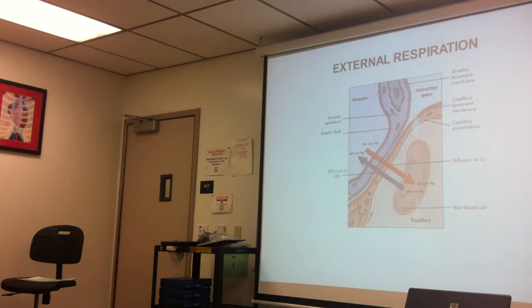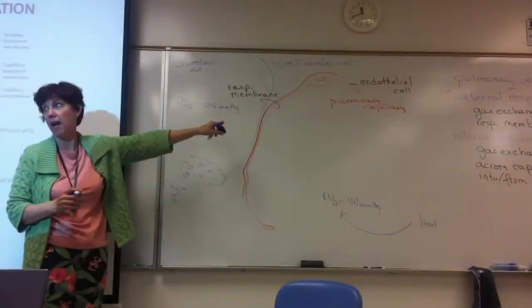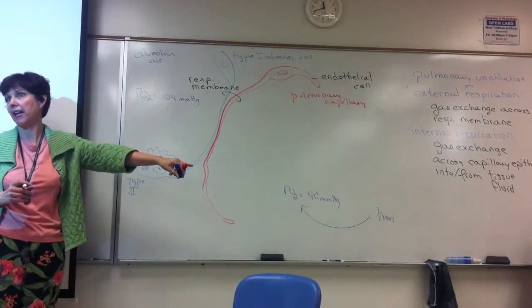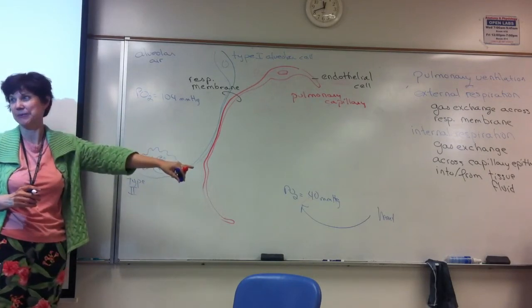Coming in from the heart, and it's venous blood, the PO2 is equal to 40. What does the P stand for? Partial pressure, I'll get to that in just a moment. It stands for partial pressure. So this is our gradient. This is why oxygen moves out of the alveolar air into the blood, because we have a gradient of 60 millimeters.